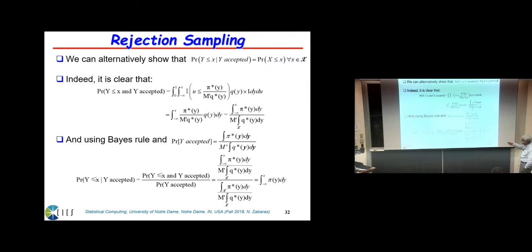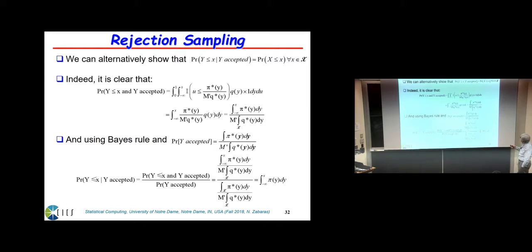It just adds value. You see that? Right? When you integrate on u, all the other arguments don't depend on u, and this is 0 if u is greater than that, so you basically get this value, right? So we have pi star q of y dy divided by m prime q star. So let me simplify a little bit.